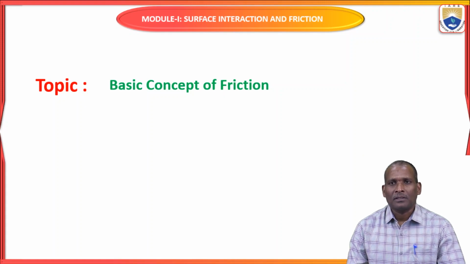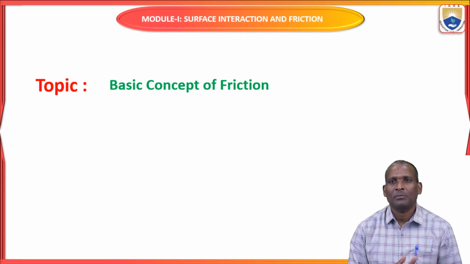So the first one is friction. What do you mean by friction, what is the importance of friction, and what are the types of friction? What is the theory behind friction? We will see in this PPT.